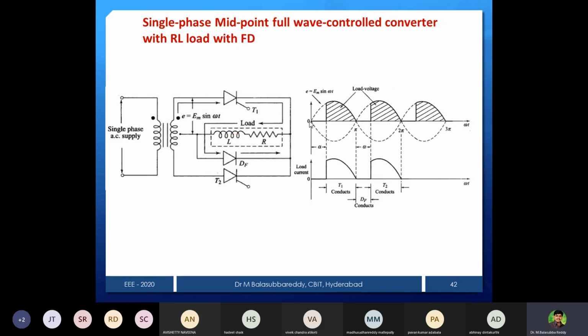Now we will see the waveforms for your reference. Nothing else is there, just the supply and then the output voltage waveform. Whenever we give the firing pulse, it starts conducting up to pi.